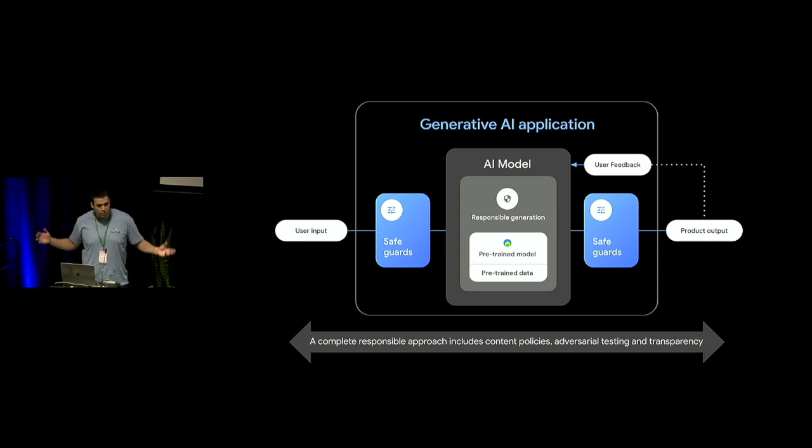And this whole picture is what a responsible GenAI application looks like. The Responsible GenAI Toolkit aims to provide us developers with a collection of tools and resources to help us make sure that we use AI responsibly in accordance with what this picture is representing.